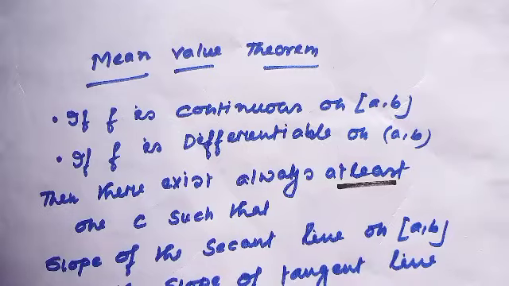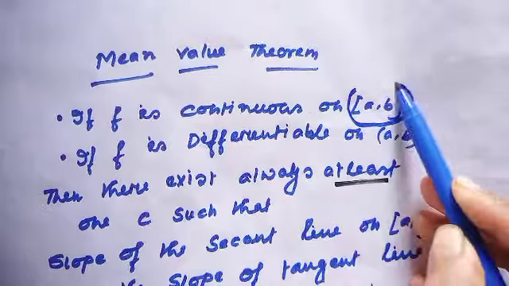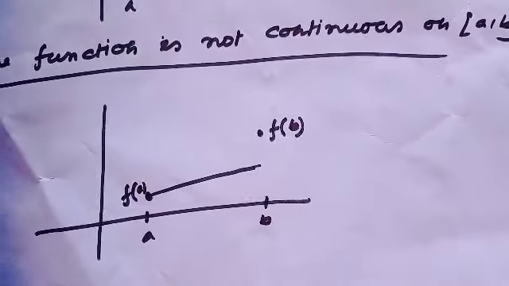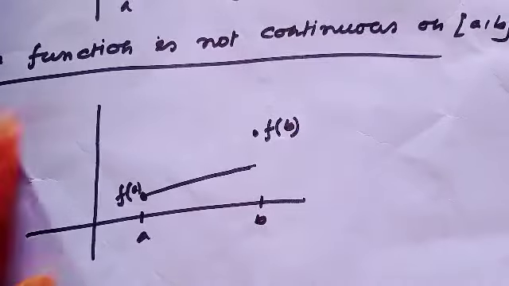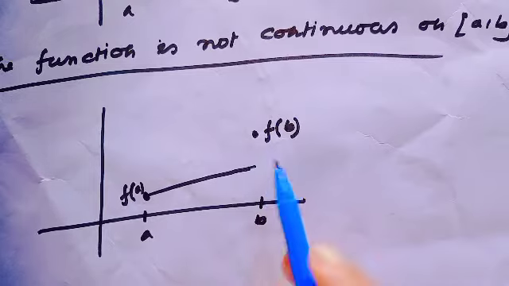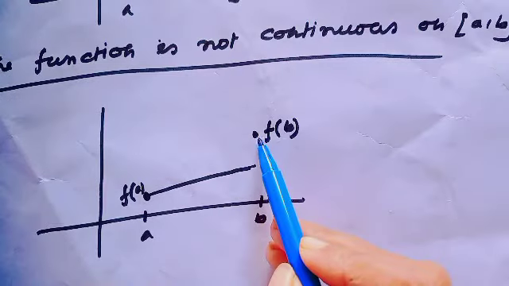Okay, notice the theorem also indicates the function is continuous on the closed interval AB. If the function is not continuous on the closed interval AB, notice the graph. Here at the point B, the value is here.